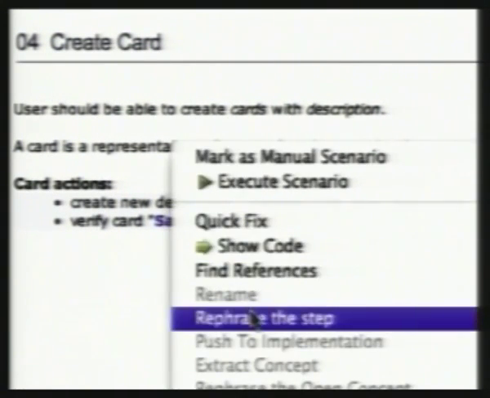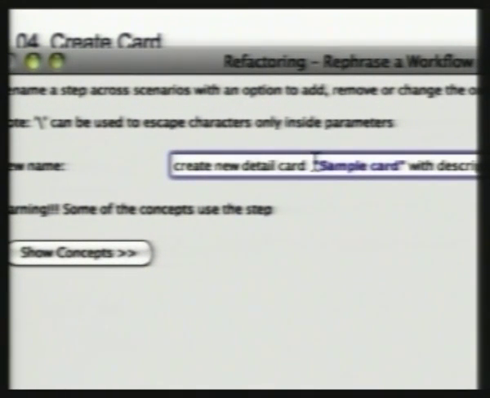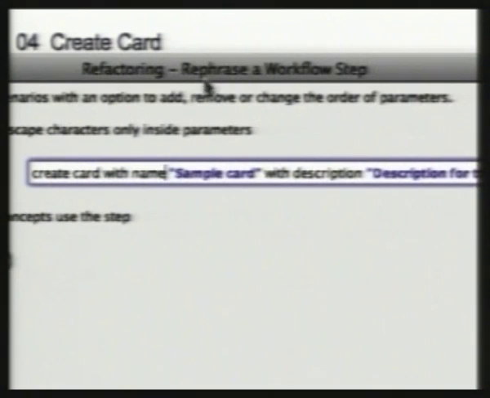So maybe what I'd like to do is push this into the code. That's another example of a refactoring that you can use. I can select these 3 steps, push to implementation. Let me zoom out a bit. What I'm actually doing is a login.